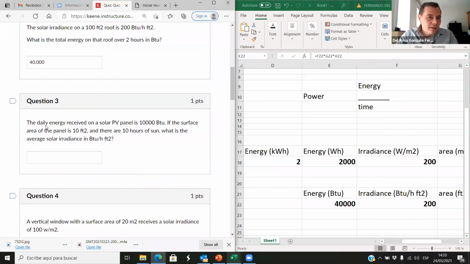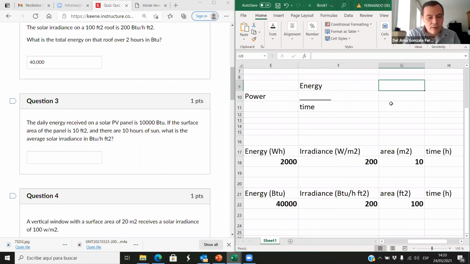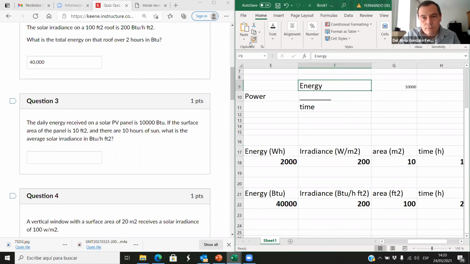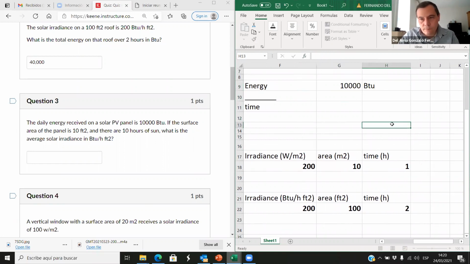Okay, question 3. The daily energy received on a solar PV panel is 10,000 BTUs. So here, if we want to calculate the power, the energy that we receive is 10,000 units BTU.